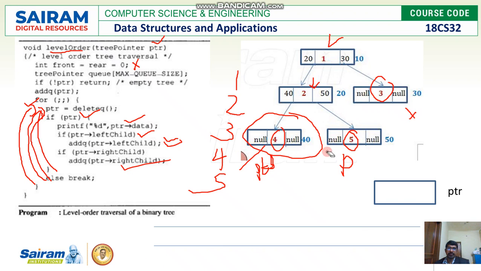Next, we have printed 5. Then if ptr left child, whether the node which has got data as 5 has a right child and left child? No. So I need not add anything to the queue. Next, it will go to next iteration.